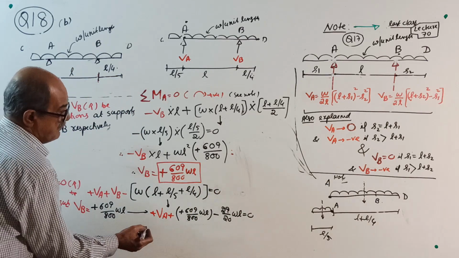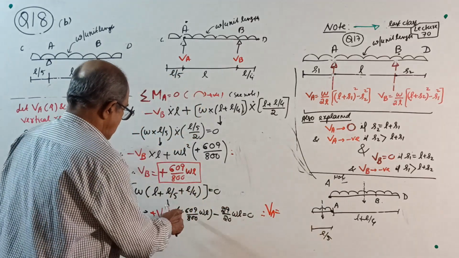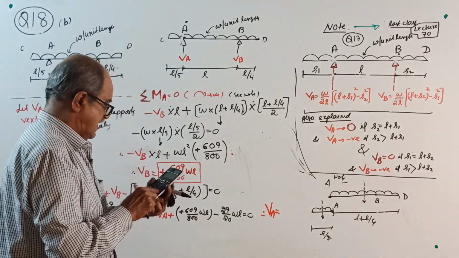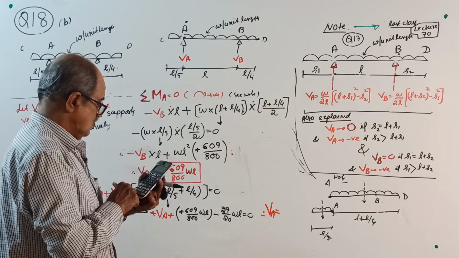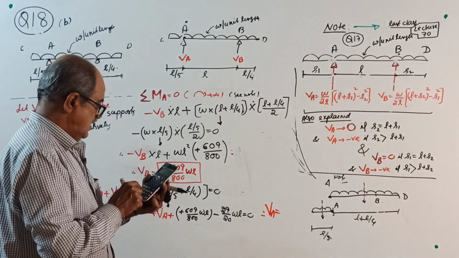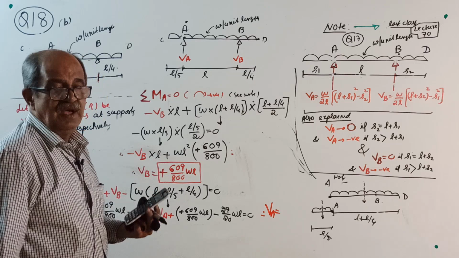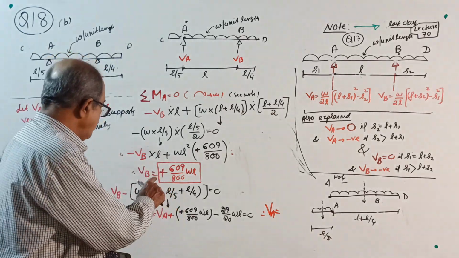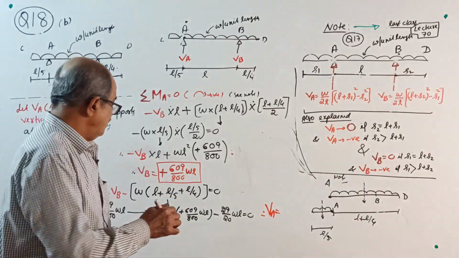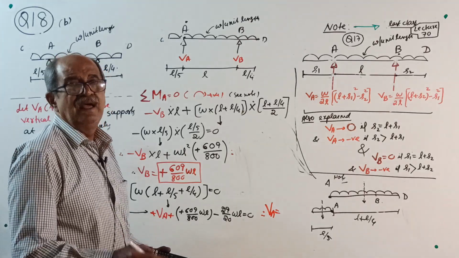Again remember, I kept on telling each class, not possible. Therefore, your VA equals, see what I am doing. This also I will explain only once. 609 by 800, this number minus 29 by 20, comes to minus 551 by 800. So VA minus 551 by 800 WL equal to 0.